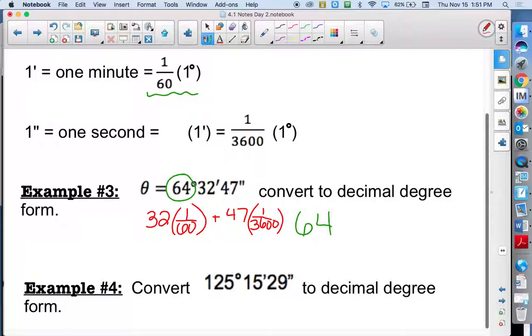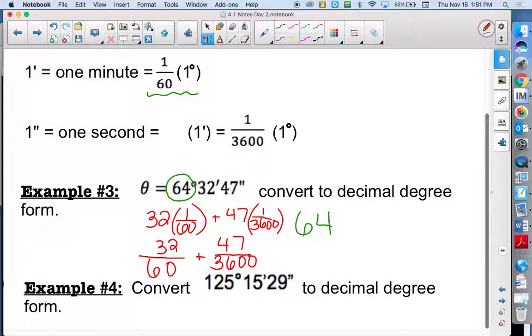Because that's really 32 of 1/60th of a degree. The other way you can think of it is it's 32 minutes out of the 60 minutes in a degree. That would be the same thing, another way of thinking about it. It's 47 out of 3,600 seconds in a degree. So I want to find out what that little portion is.